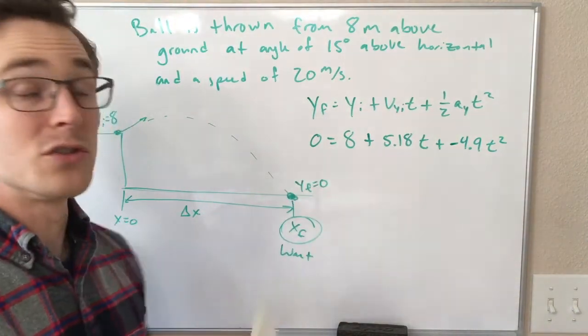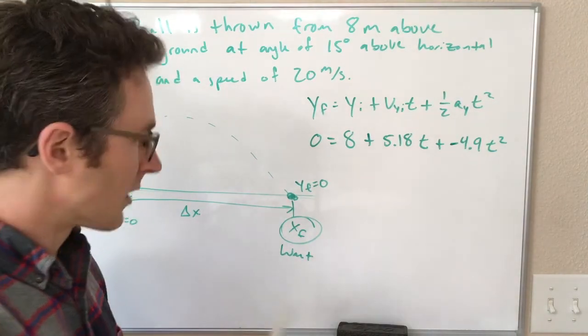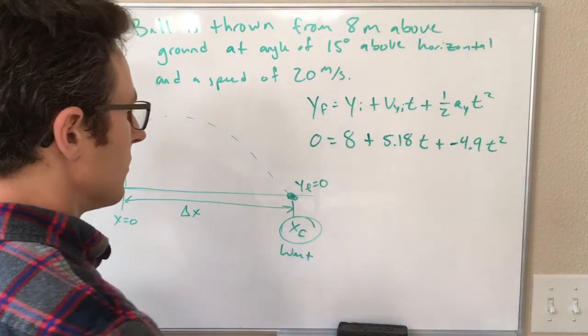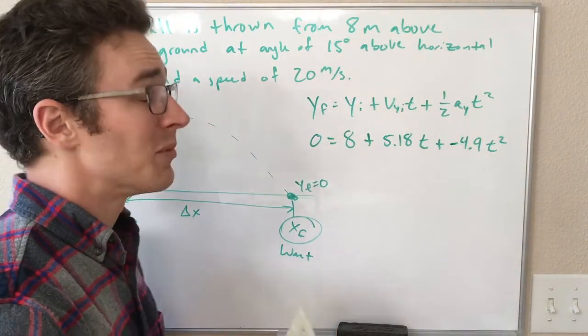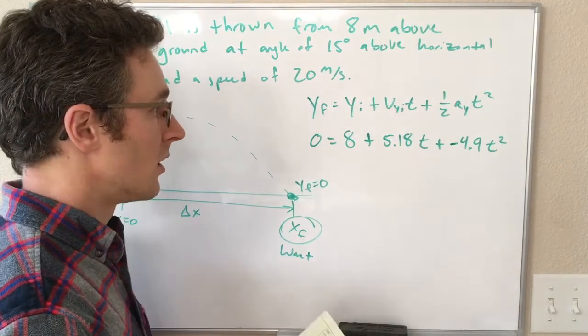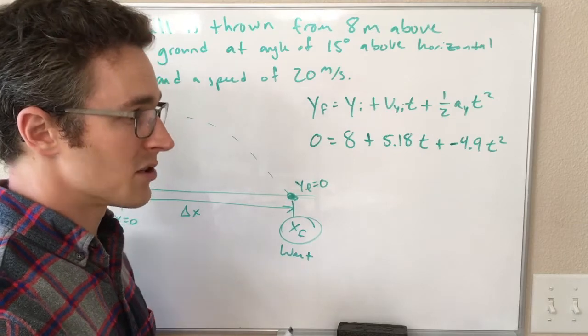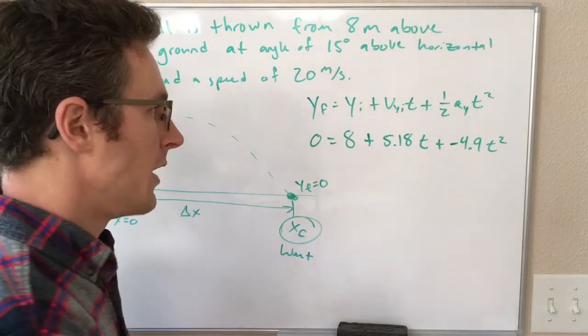This is something that we do need the quadratic equation to solve. I am not going to make you go through the plugging. Well, no, I'm going to make you go through it. I'm not going to make you go through watching me do it. I'm just going to jump right to the answer. If you're not 100% comfortable, you should practice and make sure you get the same answer I do.